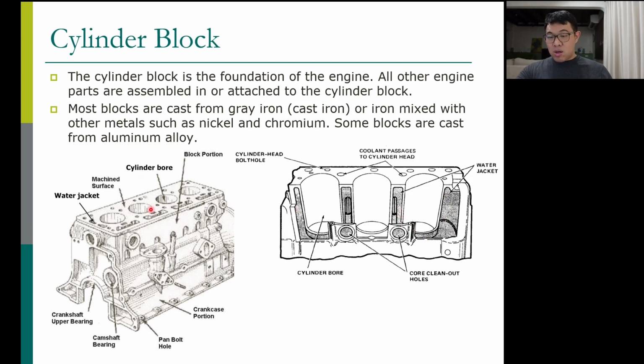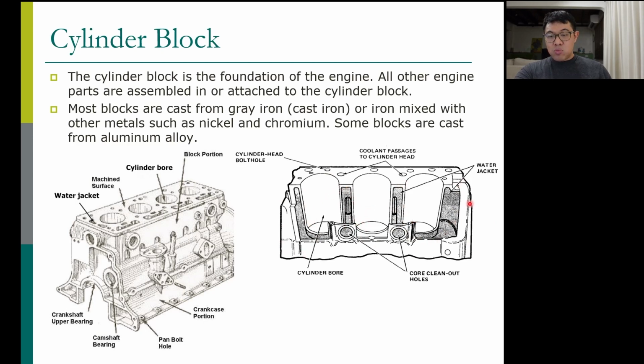The thing that we cannot see, between the outside surface of the engine and the cylinder wall, is the water jacket. It is the passage of water inside this engine block. This is a picture of a three cylinder block cut in half, so that you can see the water jacket inside.